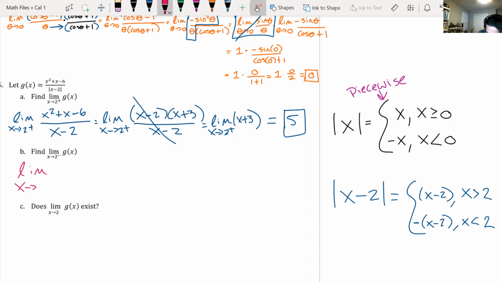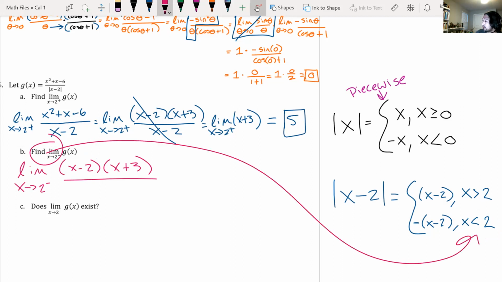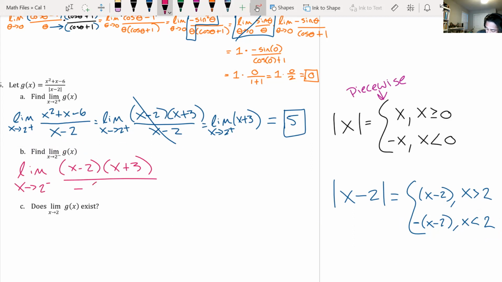Good. So we approach 2 from the left. We already know the numerator factors, so let's go ahead and do that. X minus 2, x plus 3, but now since my limit once again matches that restriction, our output in the denominator is negative parentheses x minus 2.